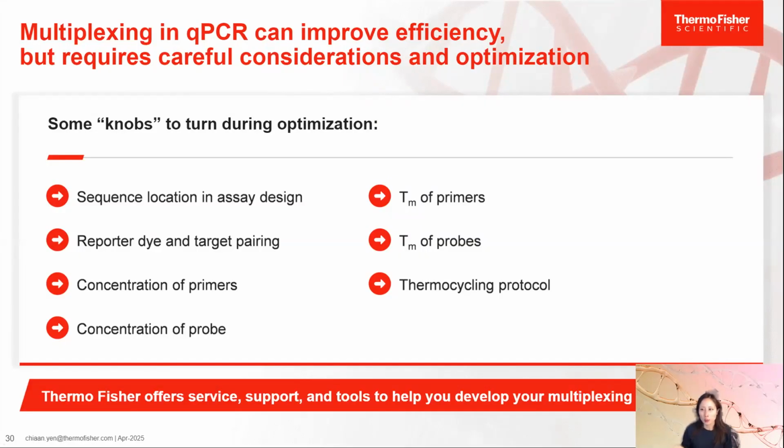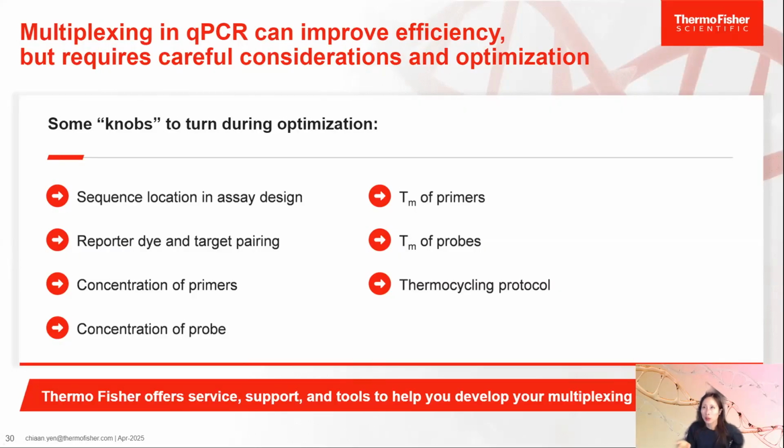Other things you can play around with is the concentration of primers. If you have something that's a little bit harder to amplify compared to the other targets in a reaction, you might consider increasing the concentration. Or if you're seeing non-specific reactions, you could potentially also reduce the concentration of primer or probe.